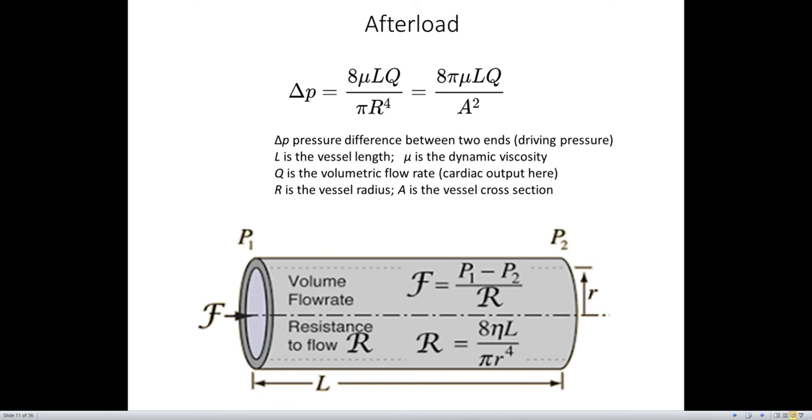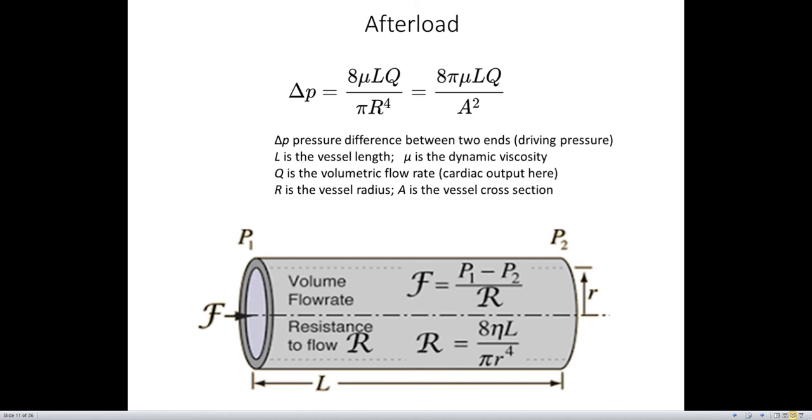So in discussing afterload, we have to revisit this awesome equation. What we can see from this figure is that they changed the equation around so that we could talk about how flow is affected and how resistance is affected. Flow is directly proportional to the change in pressure, or the driving pressure, but inversely proportional to resistance.